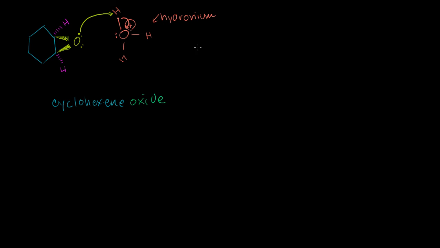Well, let's see. If that happened, now let me draw this original molecule. It will no longer be cyclohexene oxide exactly because it just got a hydrogen proton. It's an intermediary now. Let me try my best to draw it, though. All right, we have that. Then we have the oxygen popping out of the page.